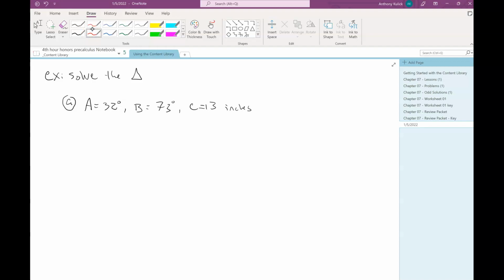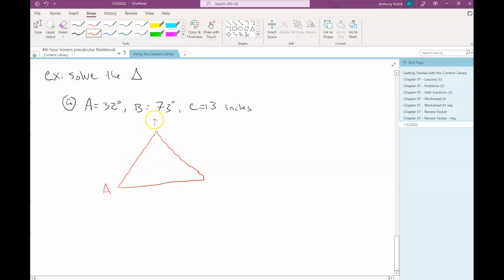First thing that I would do is to draw a picture. Now, my picture is not going to be to scale. I don't give a lick about scale. So, Mr. Kulik, why do you need to draw a picture?